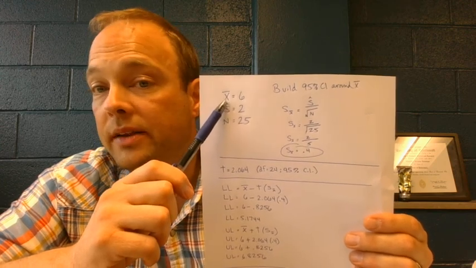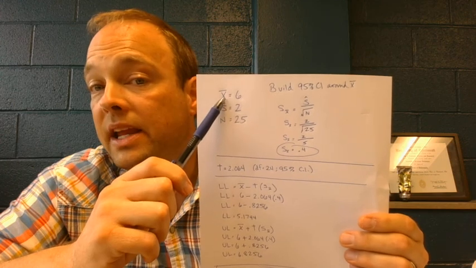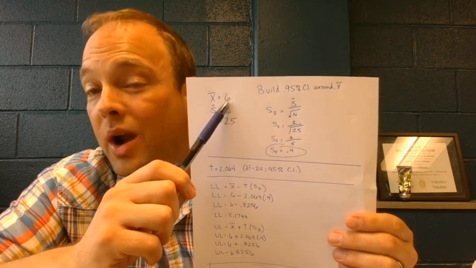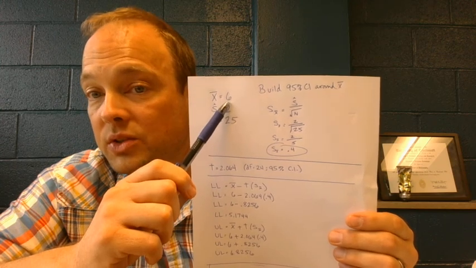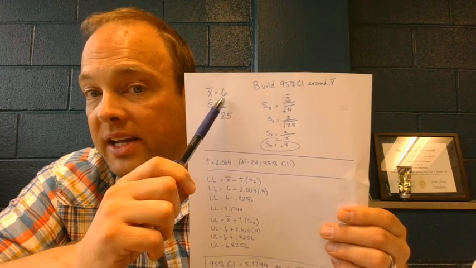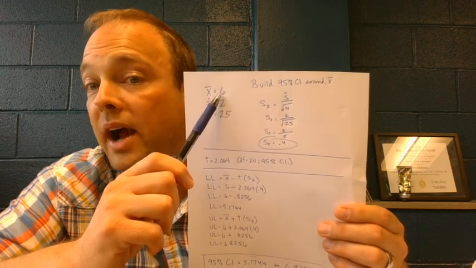We have a sample mean of 6. That mean of 6 may or may not be equal to the parameter that we're trying to estimate using this imaginary sample. That may or may not be equal to the population mean that we're trying to estimate.